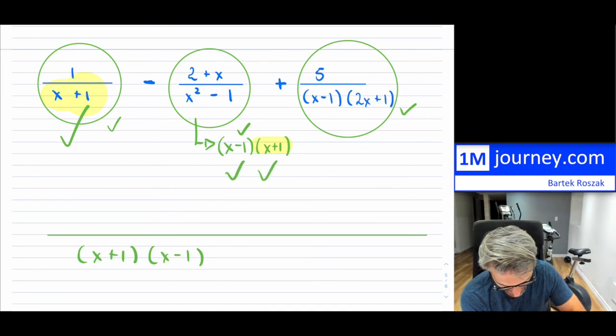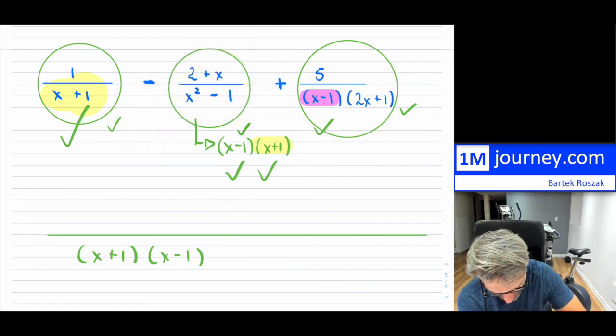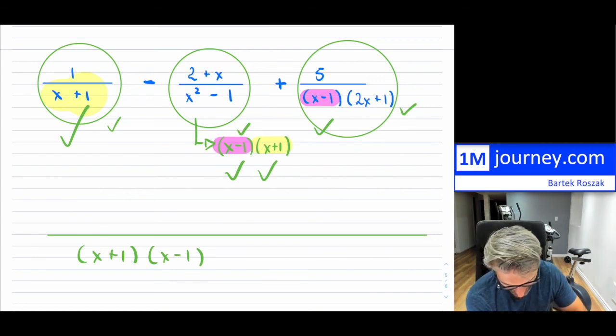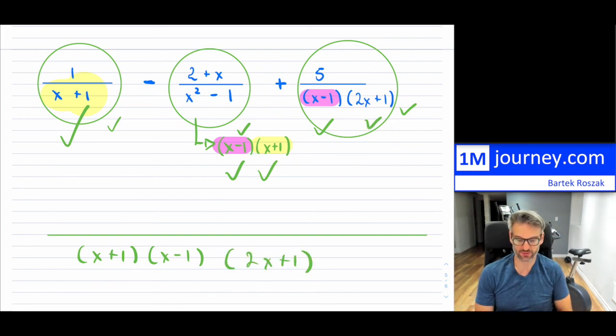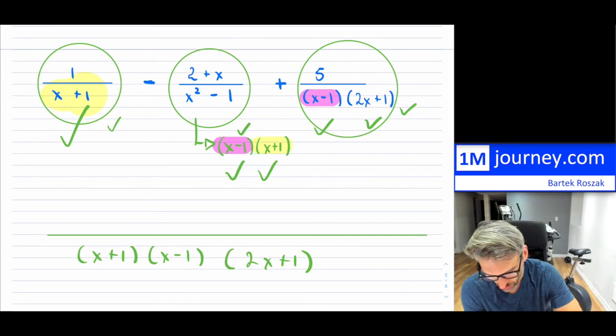Now there's an x minus 1 here as well. So I have x minus 1 here, and x minus 1 here, so I only need one of them. Then my final one would be 2x plus 1. So it's not as bad. It has 3 factors. And now you have to worry about the numerators.